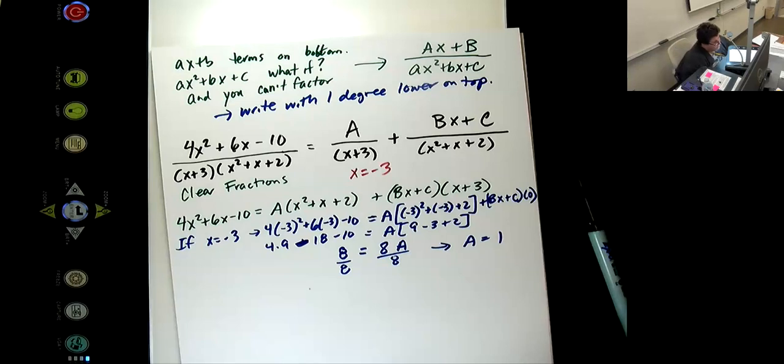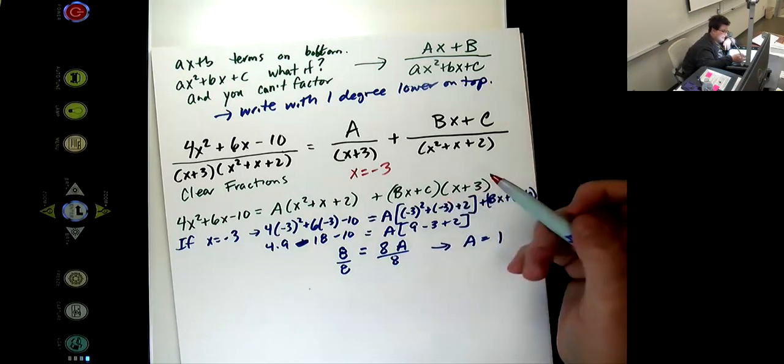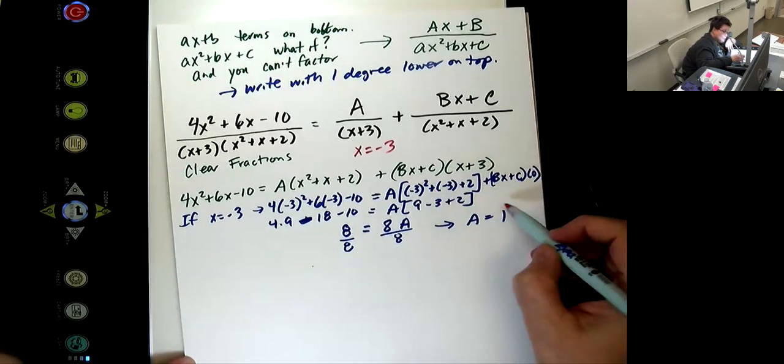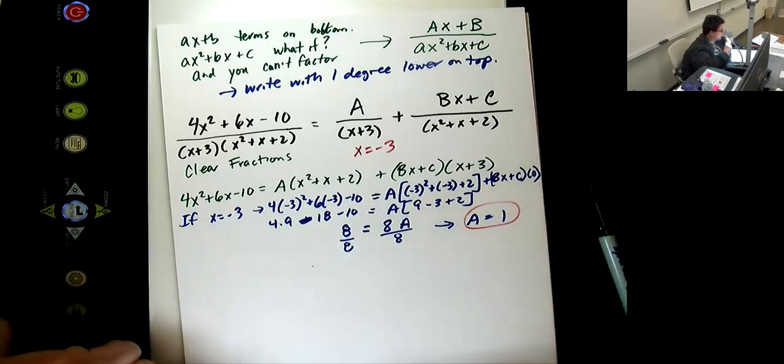Now you kind of have to do the long form. There's no more shortcuts that work here. We need B and C. But we can at least stick in A equals 1.